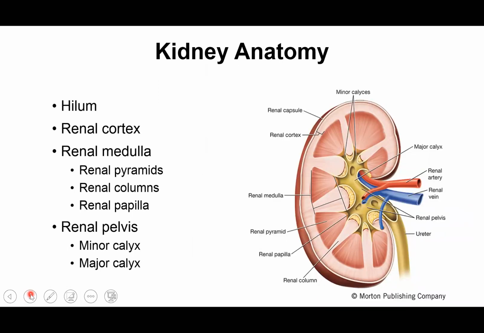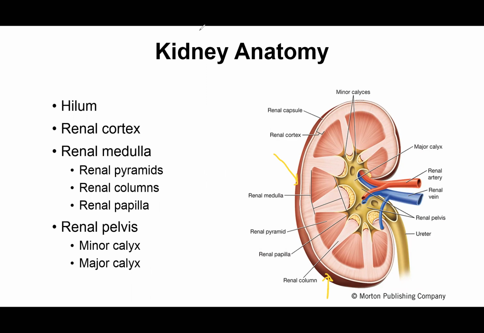Now we're going to move on and talk about the anatomy of the kidney. We'll start by talking about the fact that the kidneys themselves are encased with 3 layers of connective tissue. That is going to include renal fascia, which is the outermost layer, on this dark red that you see here.